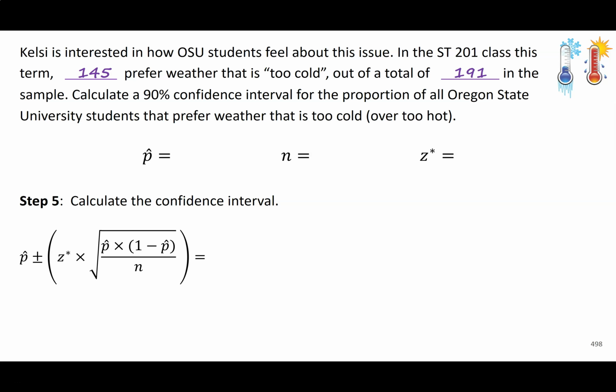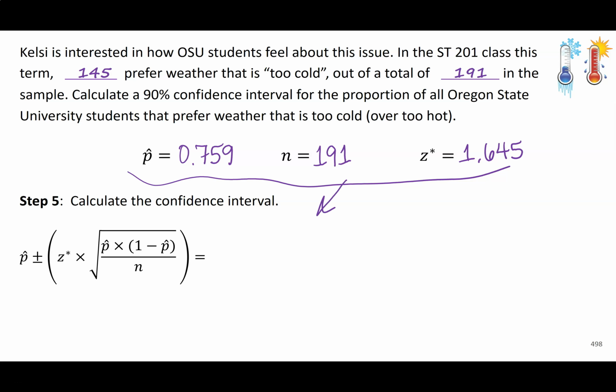So then here, if I want to calculate the confidence interval itself, I'm going to plug in 0.759, n of 191, and a z-star of 1.645. I have everything I need to plug in here, which I know looks like a little bit less, but it's because of this part right here. It just uses p hat and n.